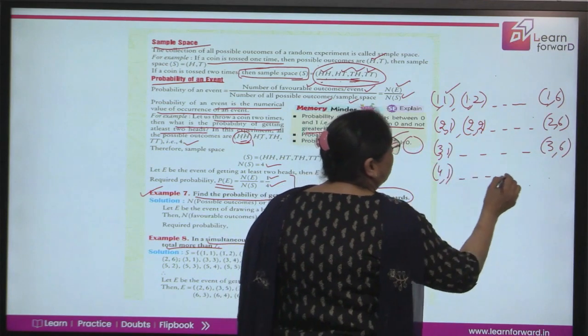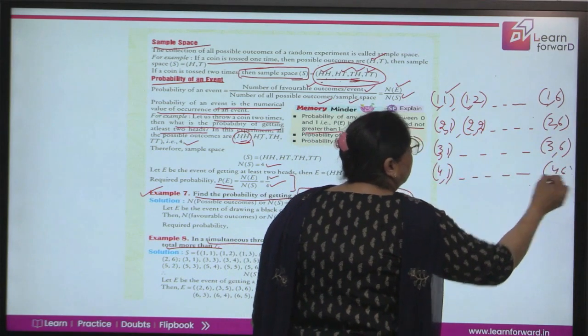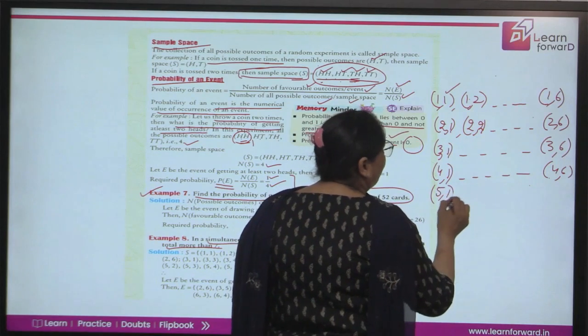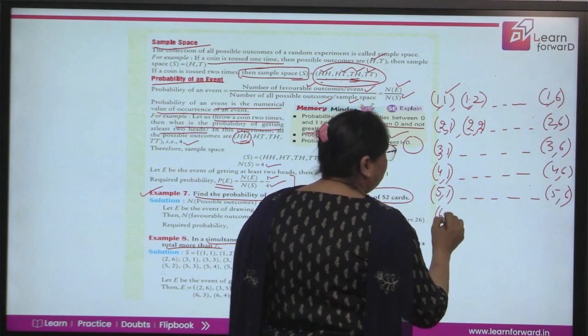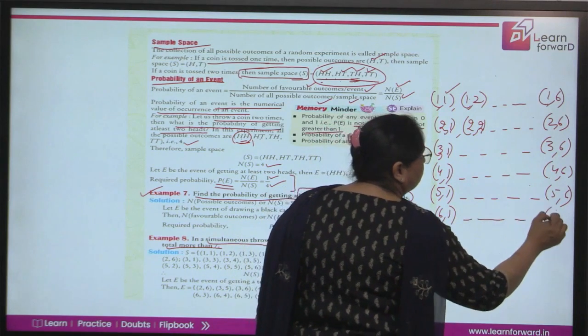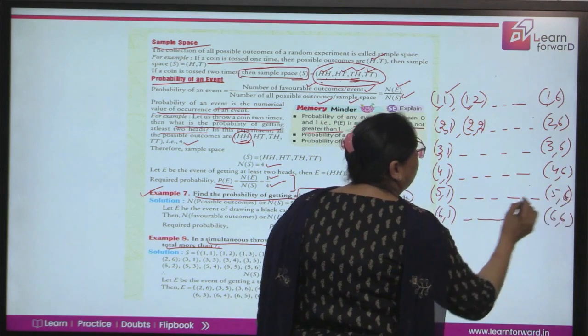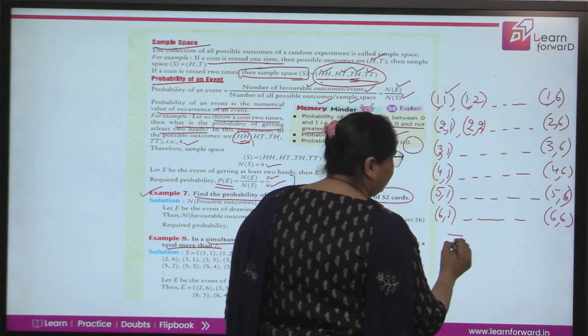4 1 till 4 6, 5 1, sorry, 5 6, and 6 1 till 6 6. So in this way the total number of outcomes will be 36.